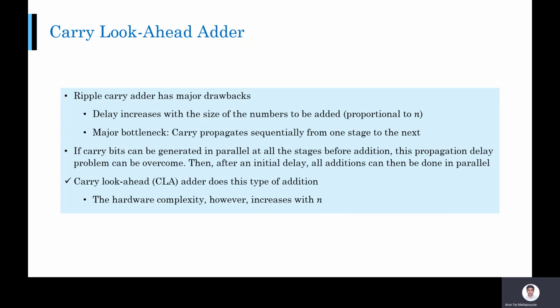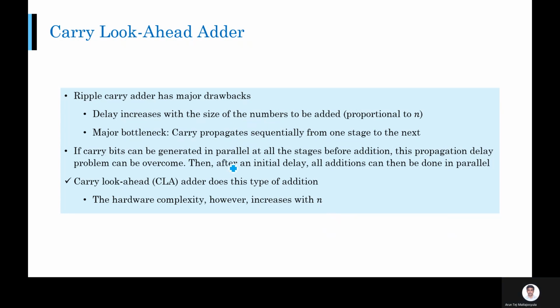Imagine a scenario where you can generate the carry bits in parallel at all the stages. Then this propagation delay problem will be solved, because you need not wait for the previous stage to give you the carry. If you generate all the carry bits first and give them to the individual bit adders, you will save a lot of time.